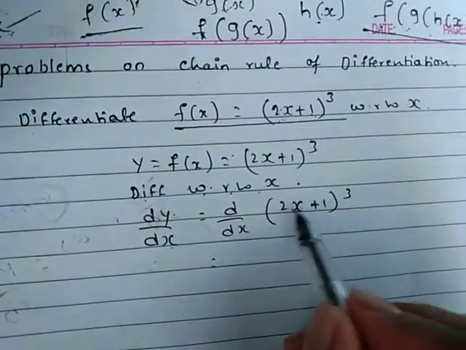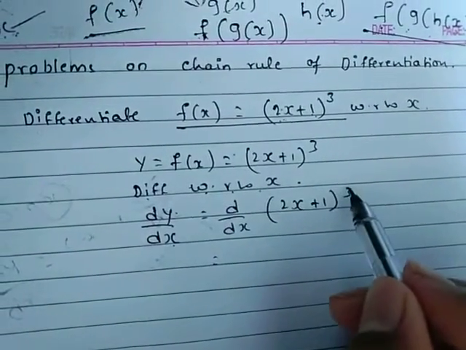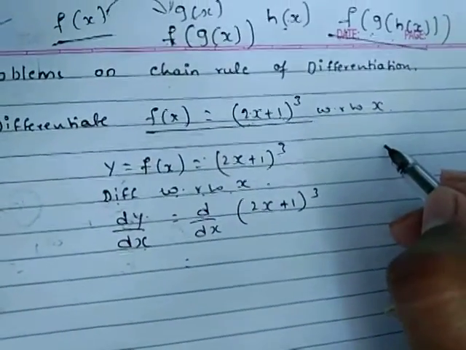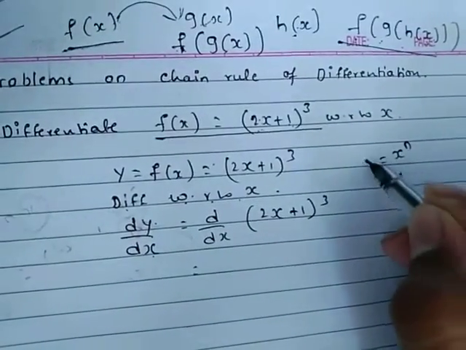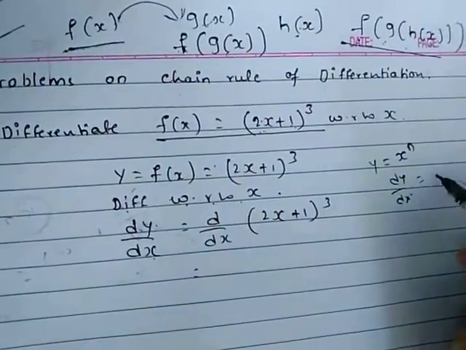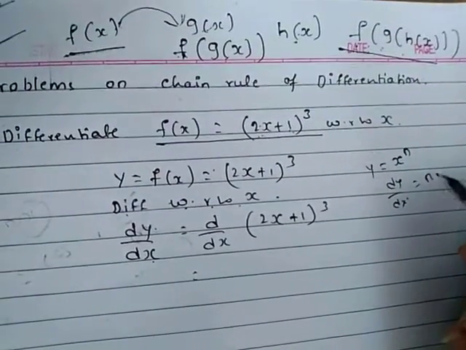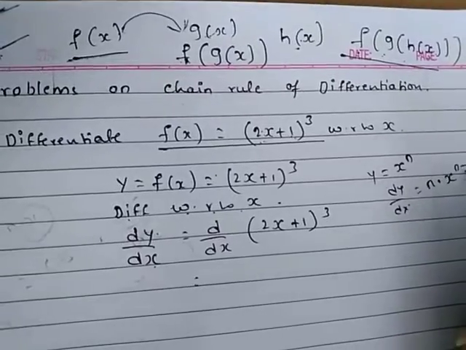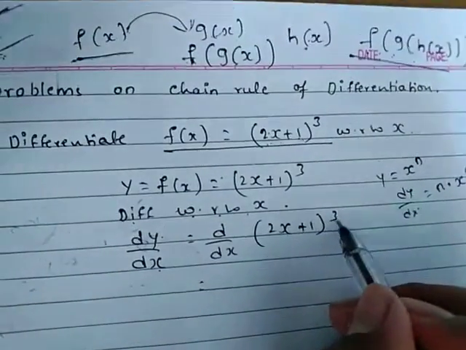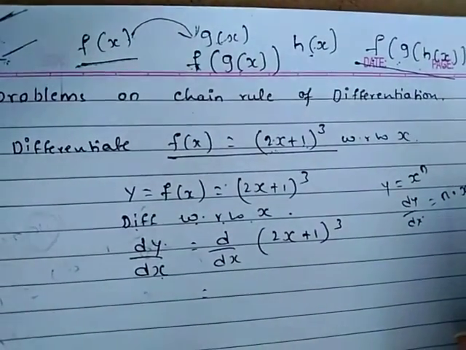Observe here. First we need to differentiate the power. Suppose we have y equal to x to the power n, then dy by dx is equal to n into x to the power n minus 1. We need to subtract the power by 1. So here the power is 3, so 3 minus 1 is going to be 2.